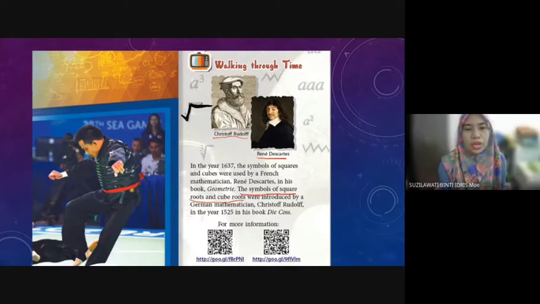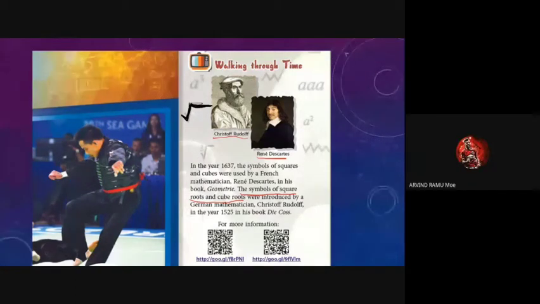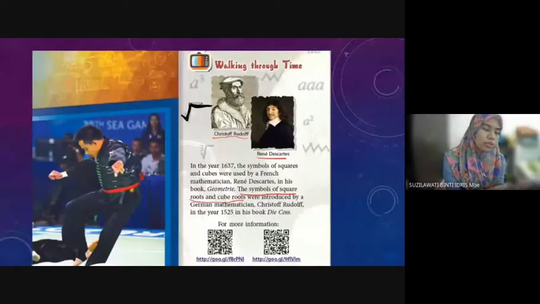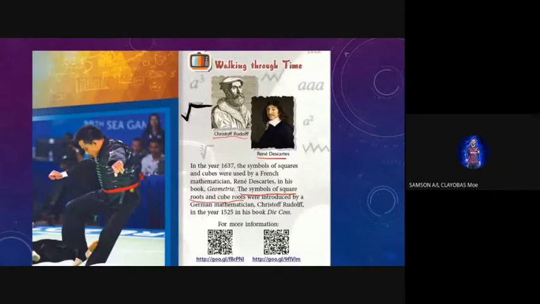Now, if you have your calculator, look at your calculator now. Can you find a square root symbol? Yes, teacher. In which row? In the second row.